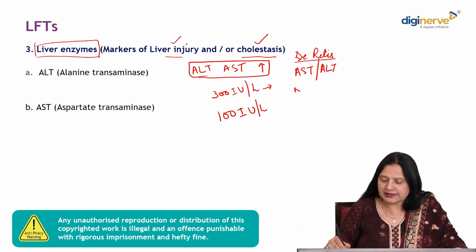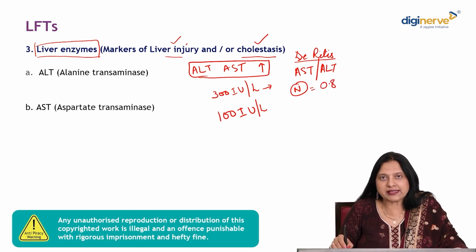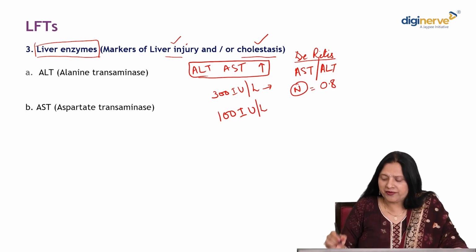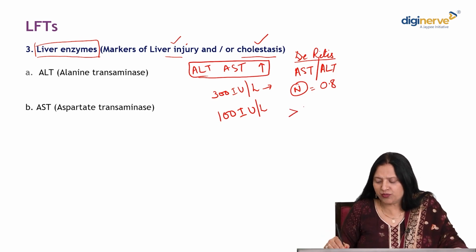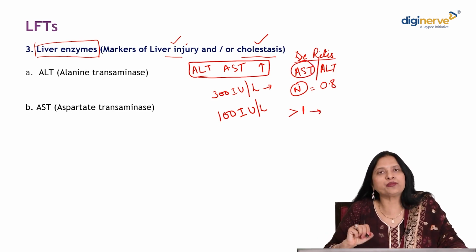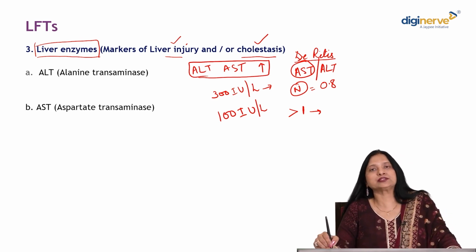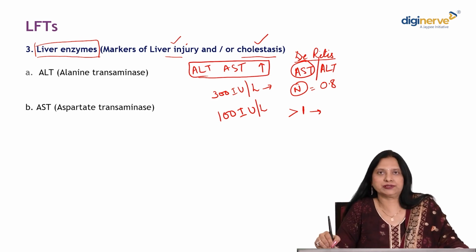Normally it is 0.8, which means AST is lesser than ALT. However, whenever this ratio is more than 1, AST levels are higher. This is a marker for alcoholic liver disease, and the ratio also increases in cases of primary hepatomas.